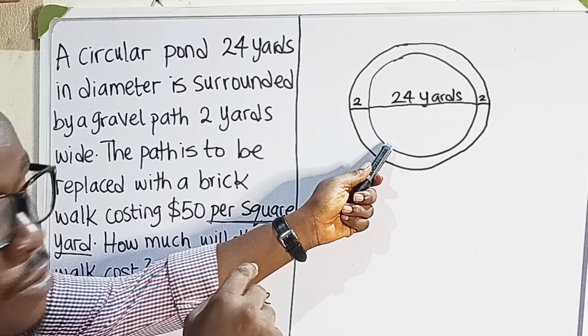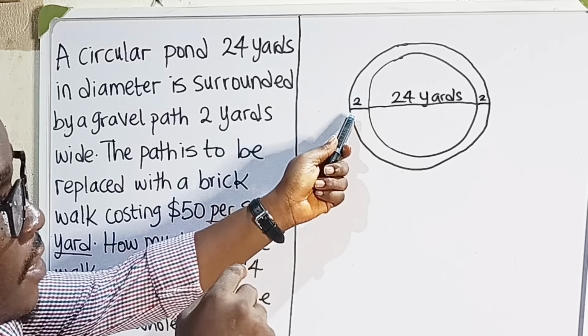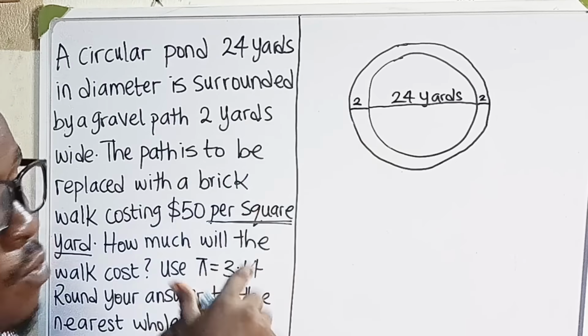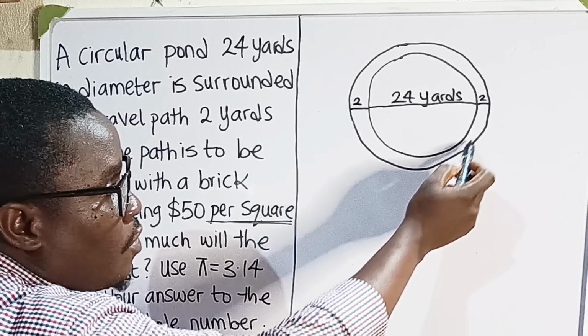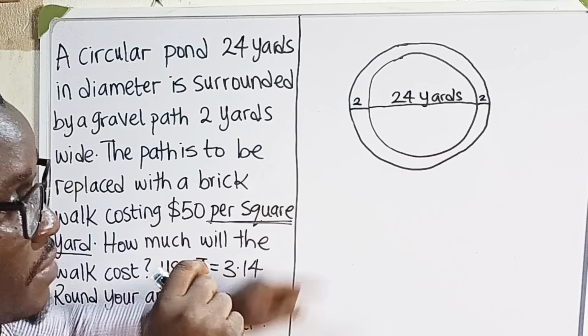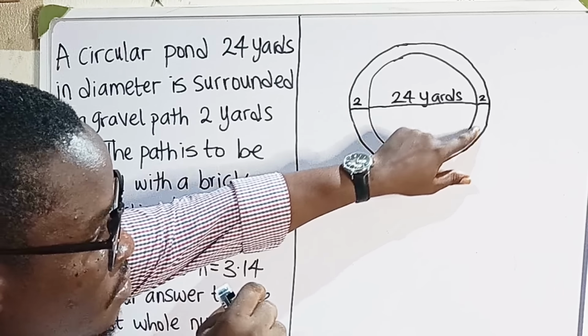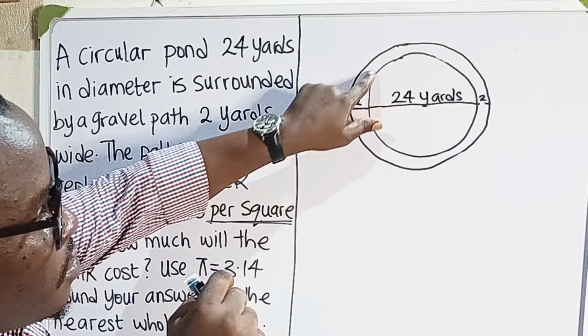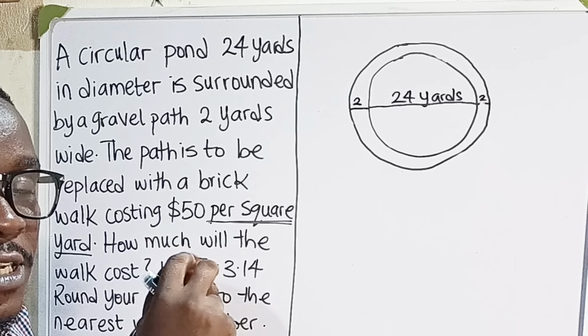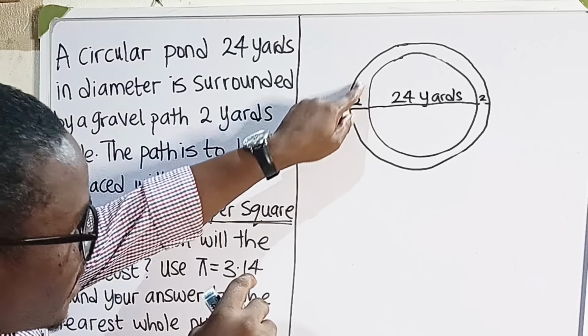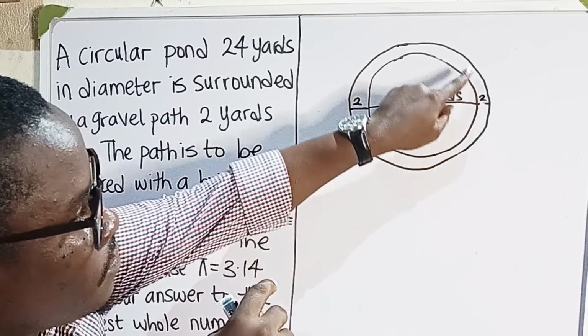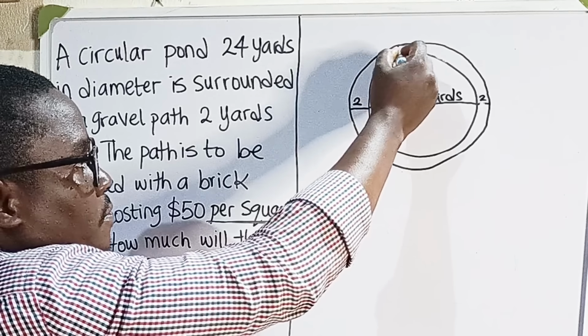Okay, so looking here, we can see that we have 2 circles. The smaller circle inside and the larger circle outside. But what we are expected to find is the area of the space between them, because this space is the walk, right? This is the walk. So for us to calculate the total cost, we need to find the area of this walk. This part.